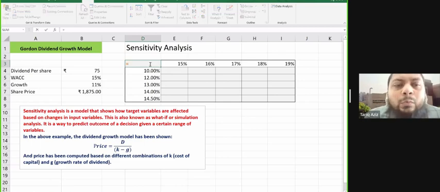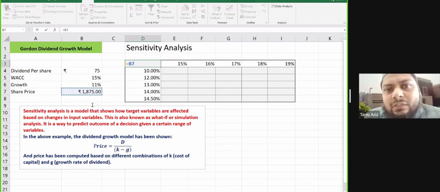Before starting, we have to provide the reference of the output in the upper left cell, the corner cell, which is D3. In D3, provide the reference of the outcome. Our outcome is in B7, which contains the output of this formula.